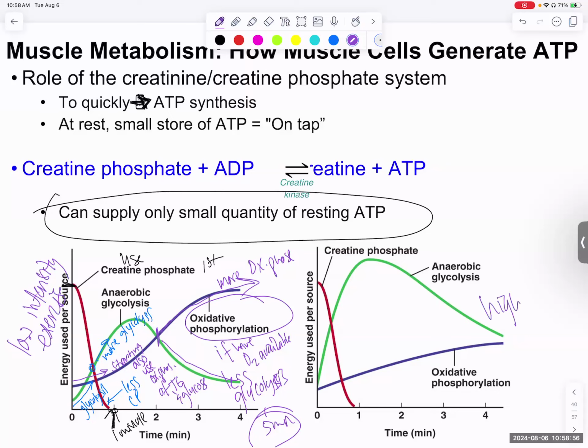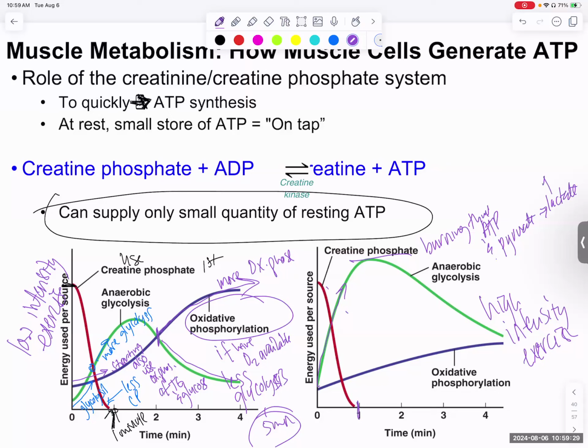High intensity, we're using creatine phosphate. We have the same 1 minute. We don't have oxygen available, so we're doing anaerobic glycolysis, and we are burning through ATP and converting pyruvate to lactate or lactic acid.